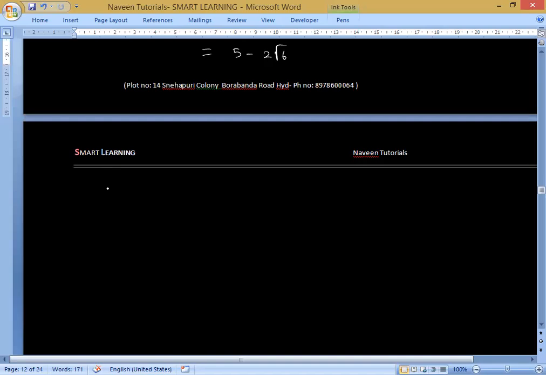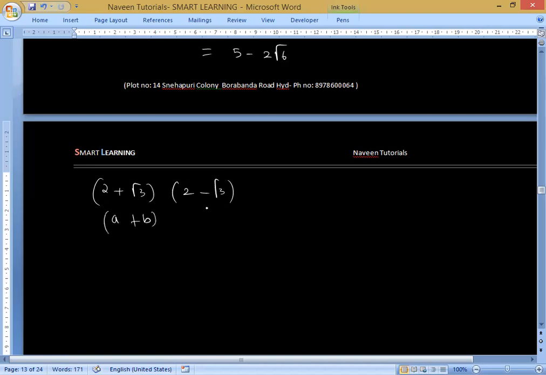So the question is (2 plus root 3) into (2 minus root 3). This is in the form of (a plus b) into (a minus b), which is nothing but a square minus b square.